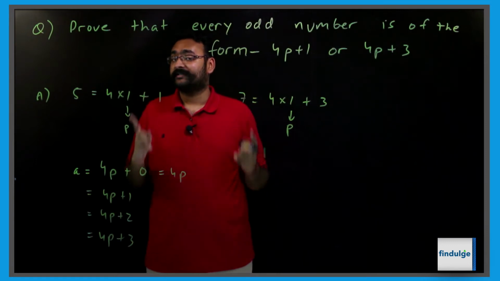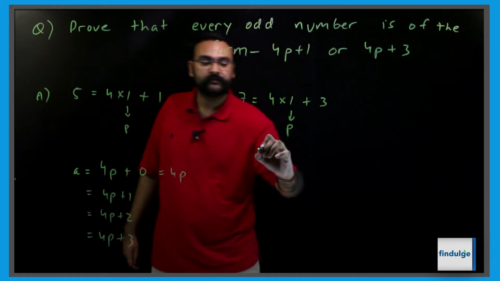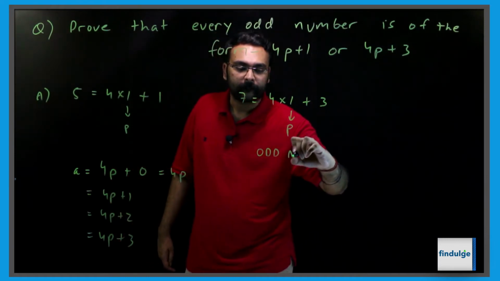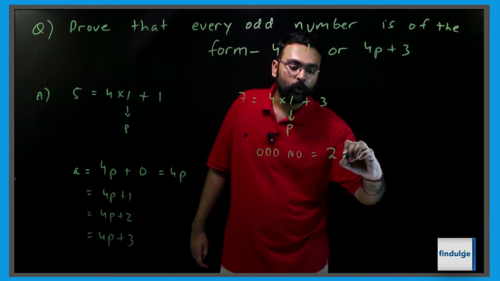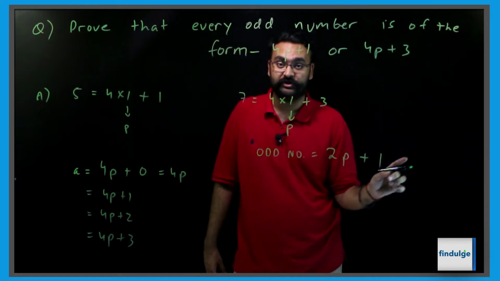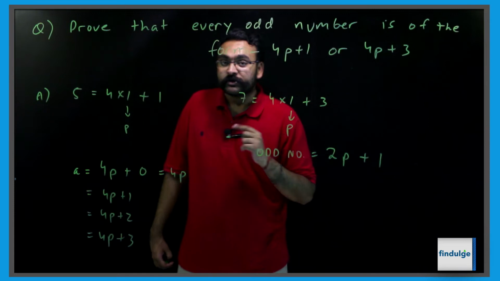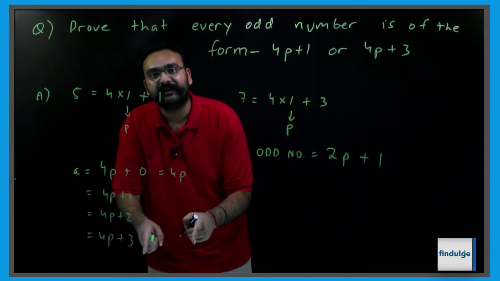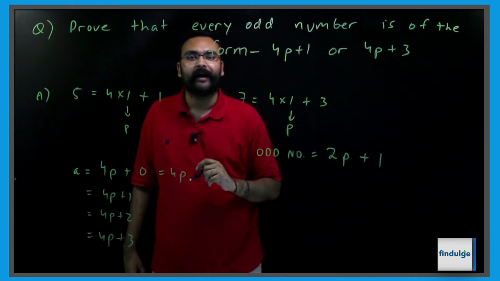Now, what is the definition of an odd number? An odd number is equal to 2p plus 1, again where p is any integer, because this means it's odd, not divisible by 2. So we will manipulate these and show that they can be brought to this format.